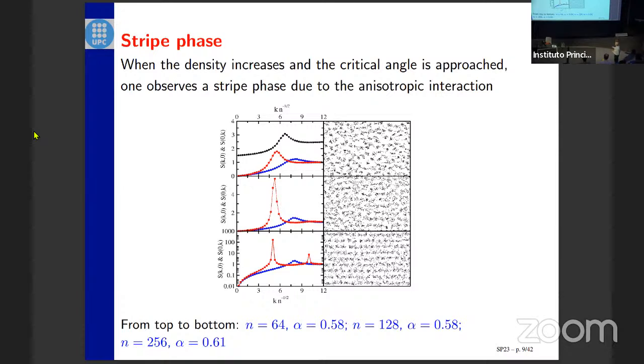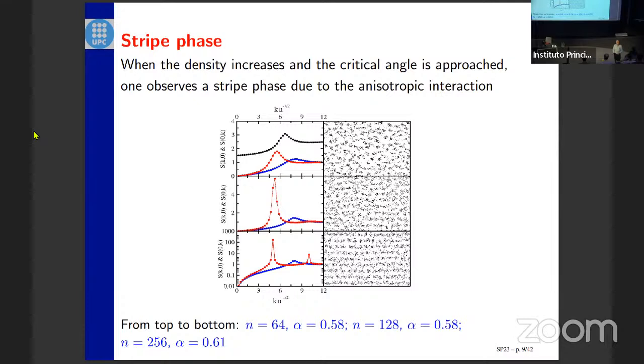But if you look at the configuration, the snapshots of the system, I have no perspective here, but probably you see that an ordered system starts to appear. The system starts to appear organized in bands. And that's the reason why, looking at S of k in the transverse direction, you see order, okay?